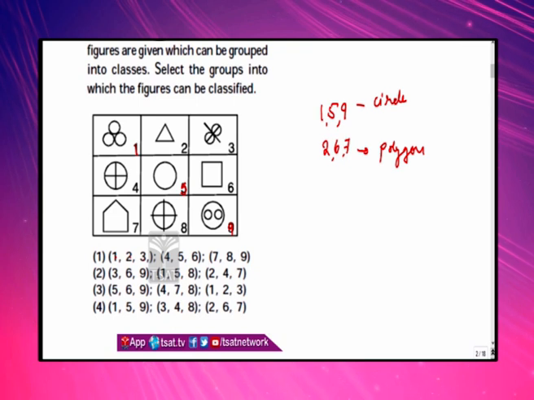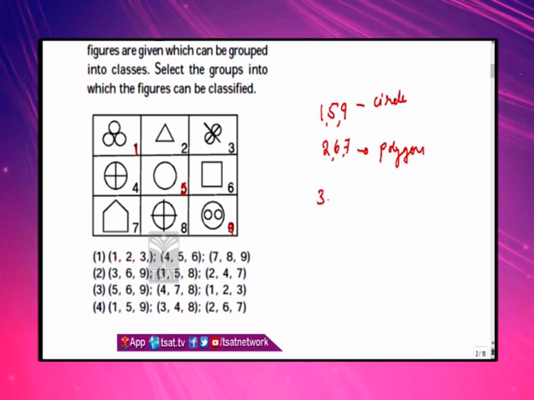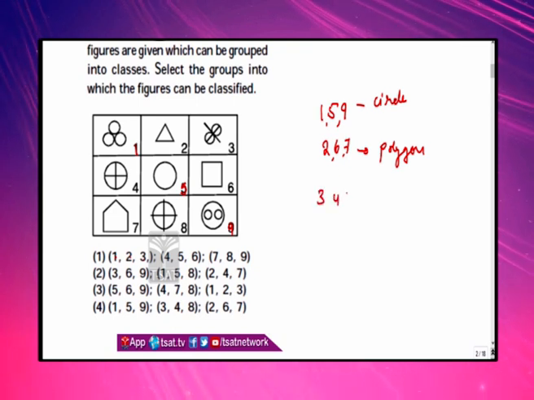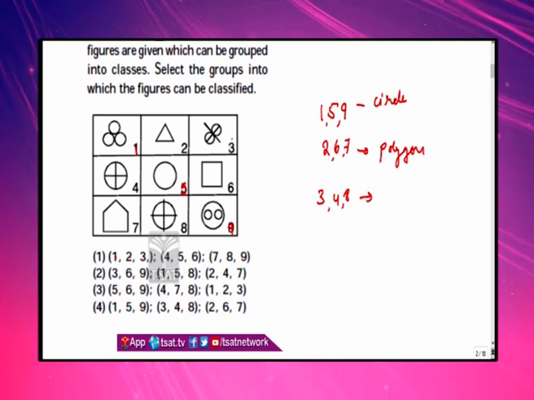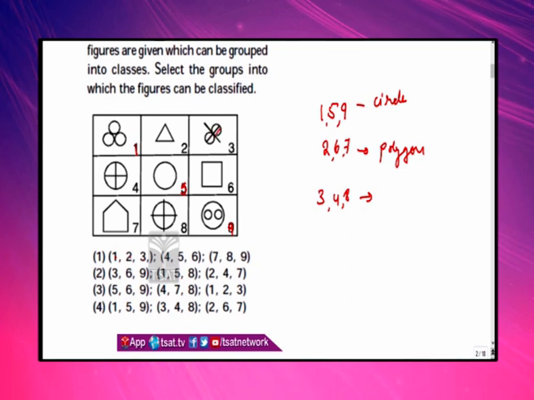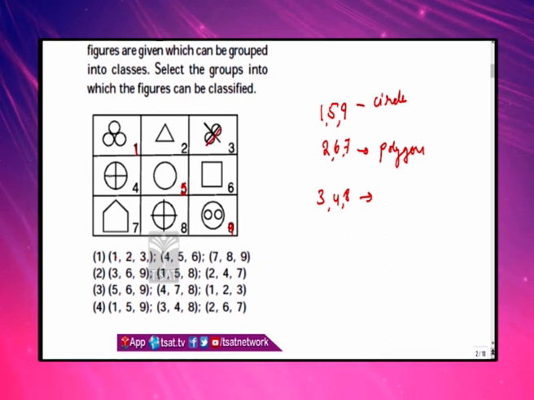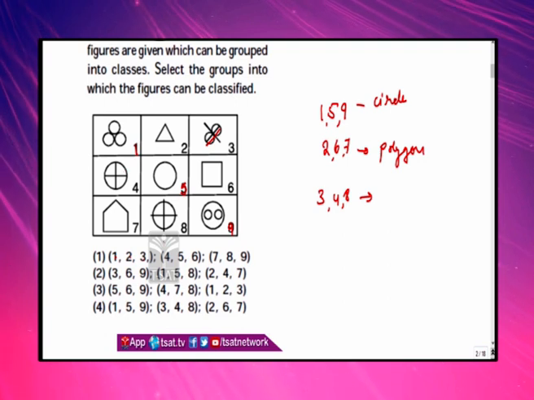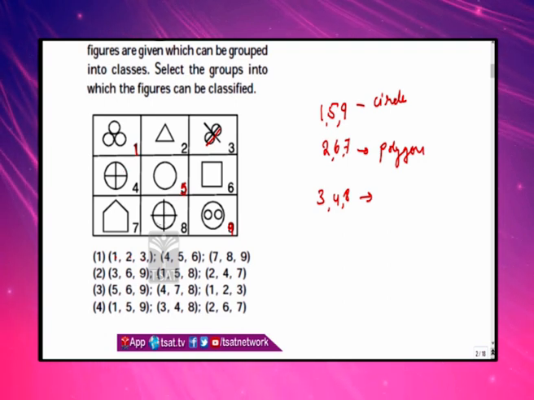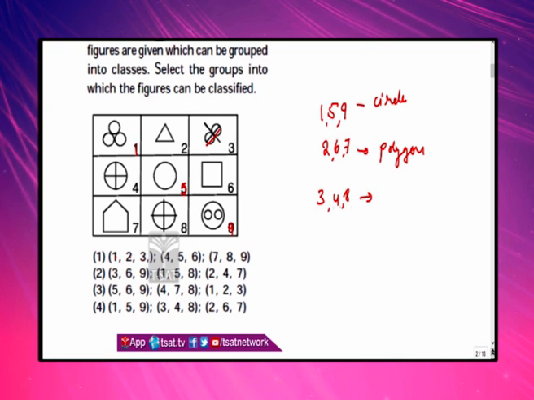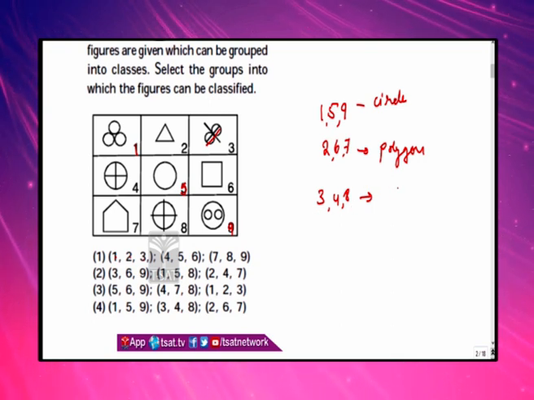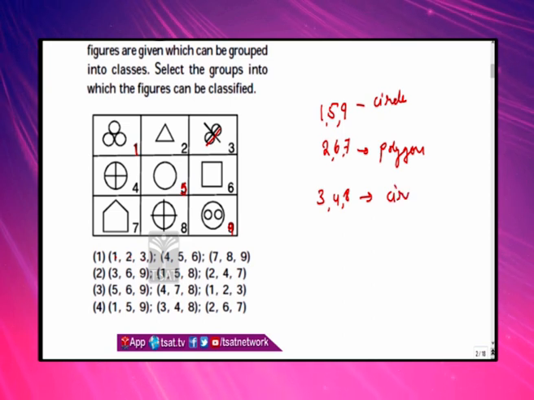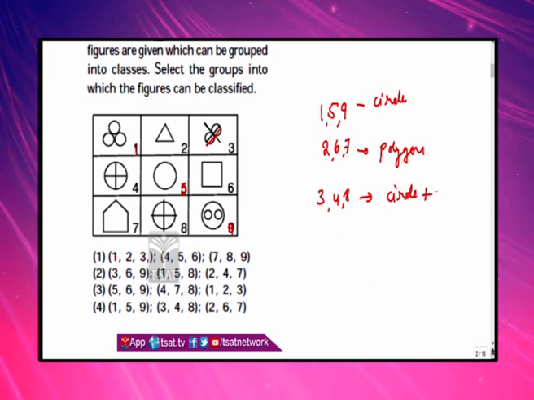What is the character for 3, 4 and 8? You need to look at this. In 3, I can observe there are circles as well as lines. In 4 also, there is a circle as well as 2 lines. In 8 also, a circle as well as 2 lines are given. So the character in 3, 4 and 8 is circle plus lines.